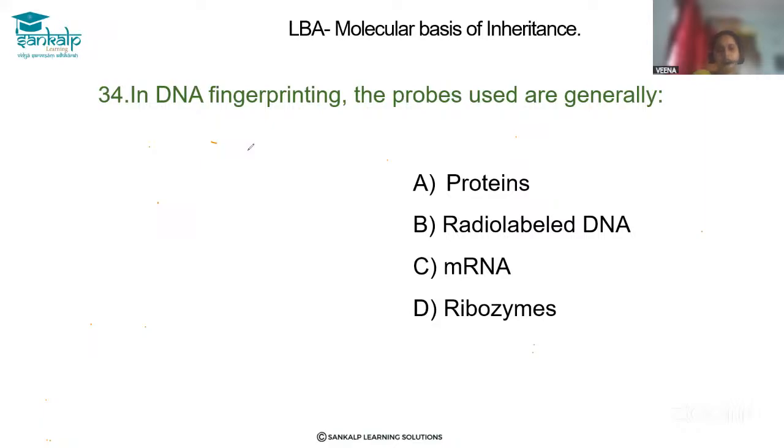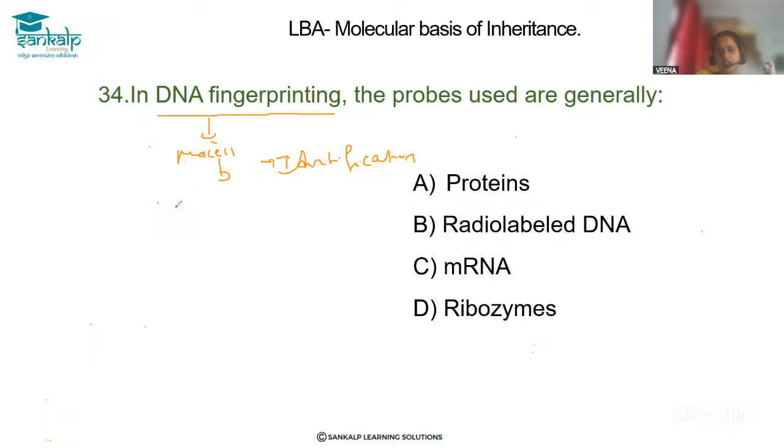Let's solve question 34. In DNA fingerprinting, the probes used are generally. So dear student, DNA fingerprinting is a mechanism, a process, where DNA bands are separated for the identification process.